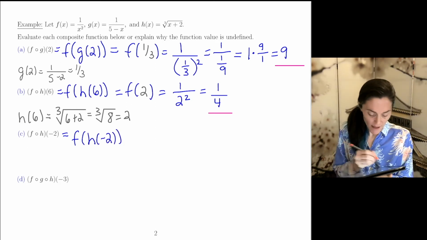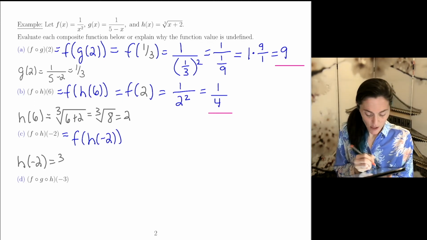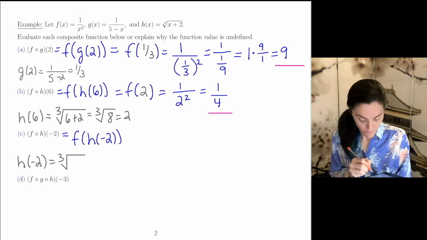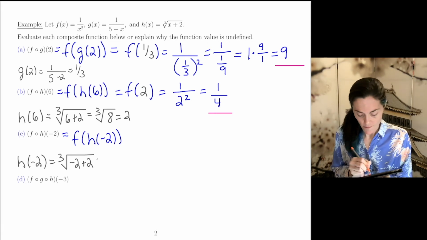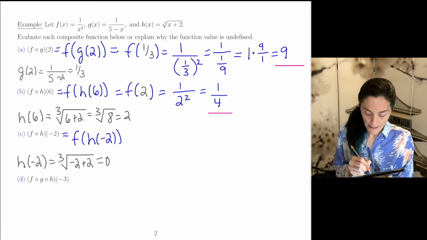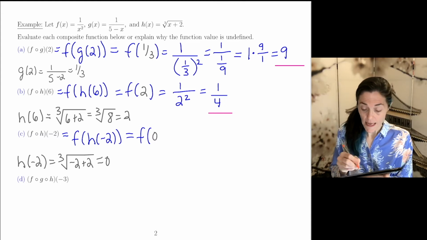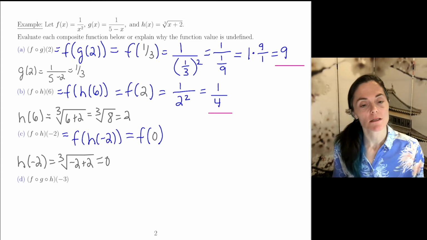So we evaluate H of negative 2. This is the cube root of negative 2 plus 2. And this is 0. So what we want here is F of 0. Now, what happens when you try to do this?